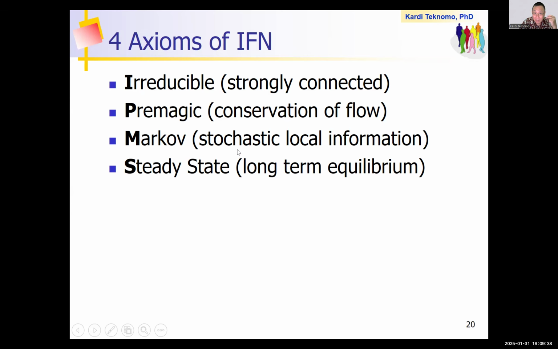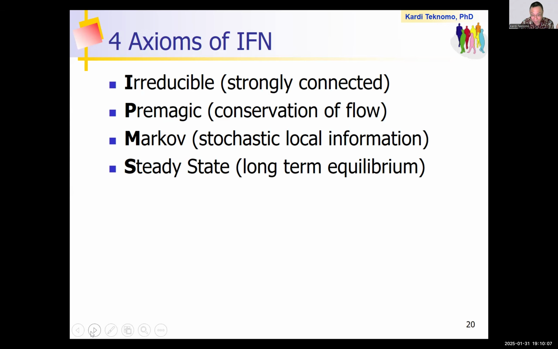Okay, and then there is some kind of probability local information that you have. So this is called Markov. And then it must be a long-term equilibrium, steady state. Okay, so these are the four assumptions of IFN. If any of these fail, then you cannot use IFN.